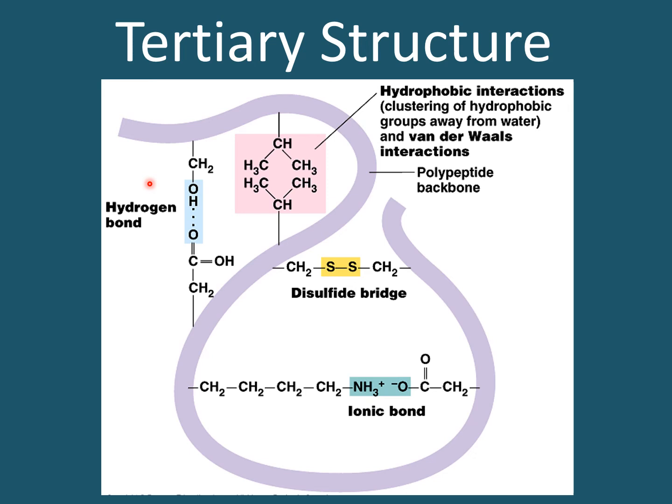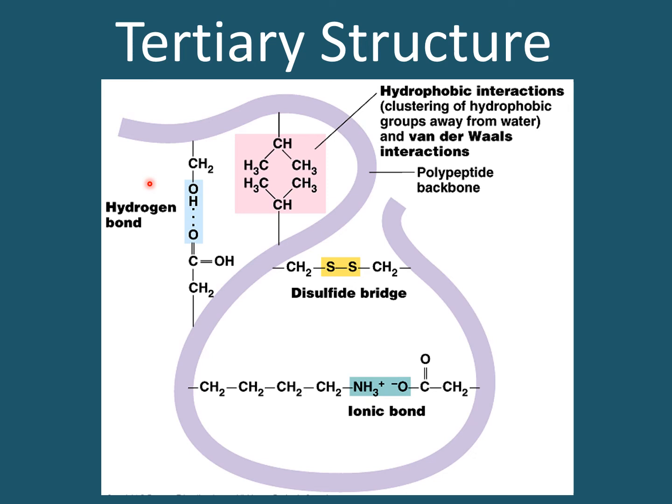The next force is hydrophobic interactions. Because hydrophobic or nonpolar amino acids want to stay away from water as much as possible, these amino acids tend to fold inward or cluster in the middle of the proteins. The next one to know is the disulfide bridge.